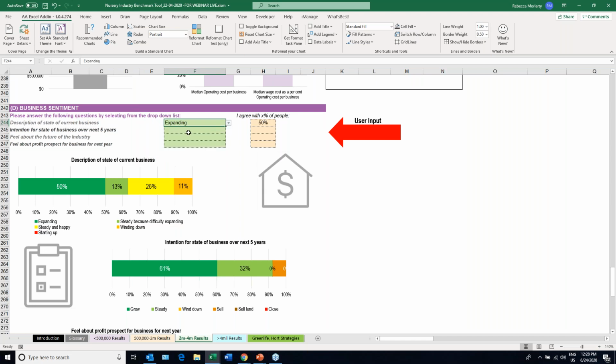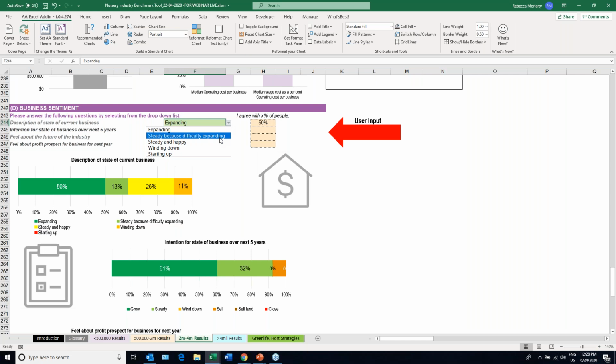So let's put that in. We agree with 50% of businesses. So for the businesses selling $2 million to $4 million of product per year, half of them are currently in an expansion phase.